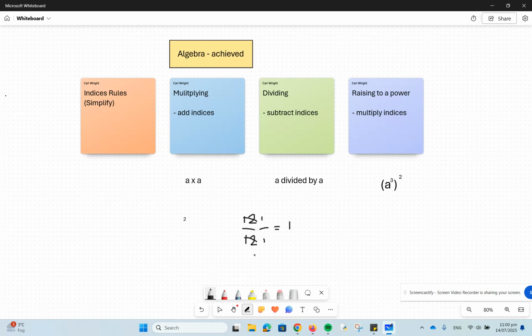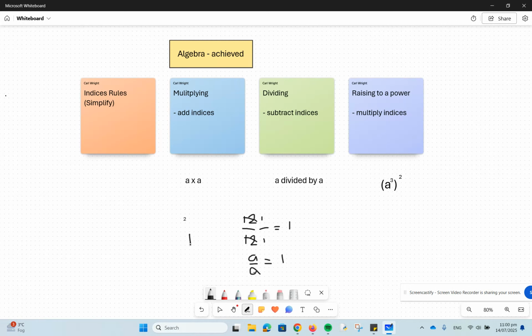Well, the same thing happens if you go A divided by A. That is exactly the same. It's also equal to 1. In fact, any numerator and denominator that are the same will always equal 1.